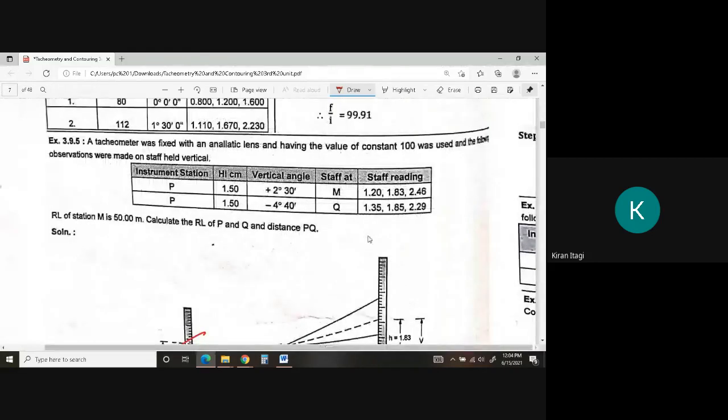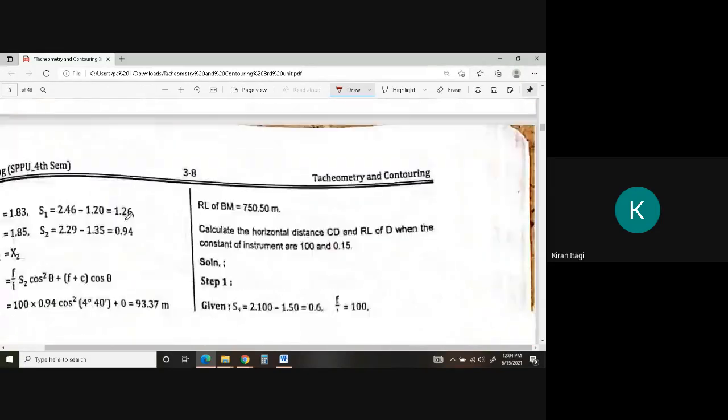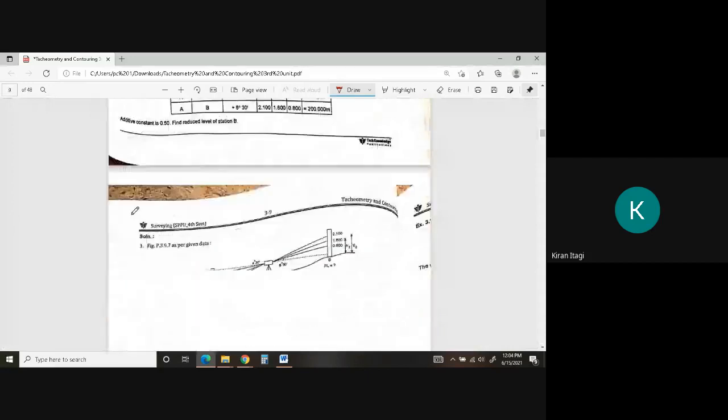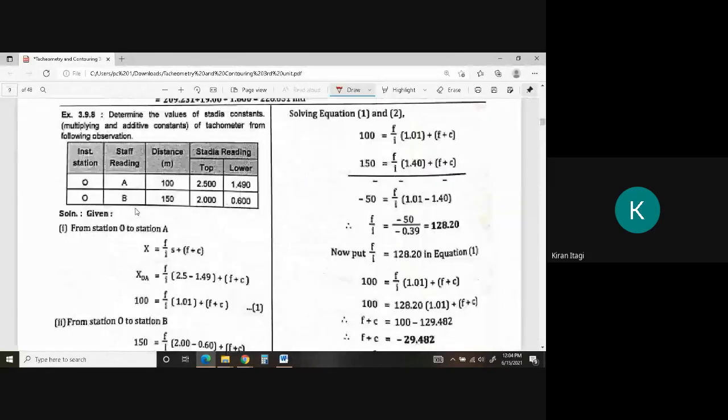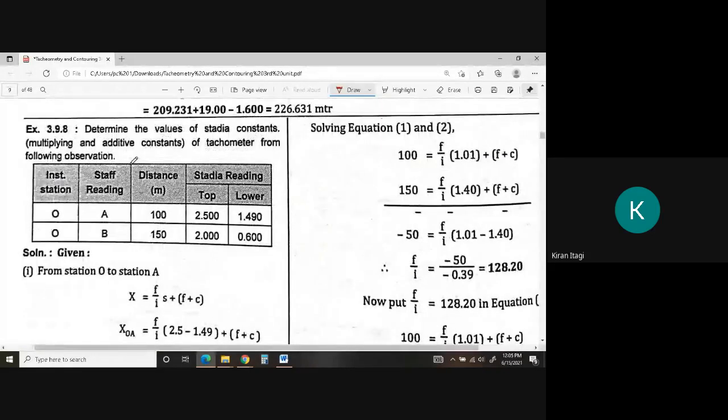Take a screenshot of this one for assignment. Take this as an assignment. Take the screenshot. Okay, take this as assignment.